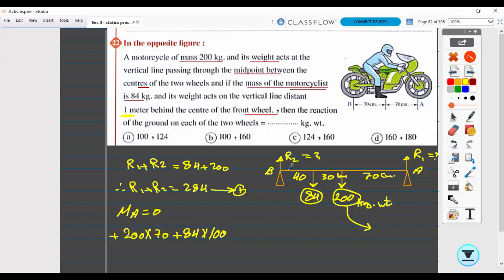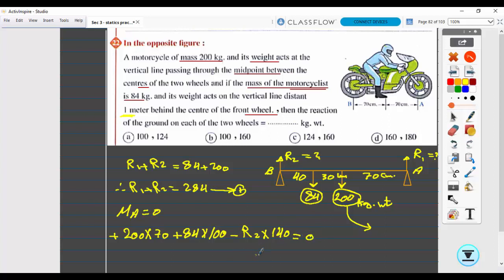What about the third force? Here the third force is R2. It is clockwise, so its moment equals negative R2 multiply the whole distance between B and A, which equals 140. So we write it is equal to 0.